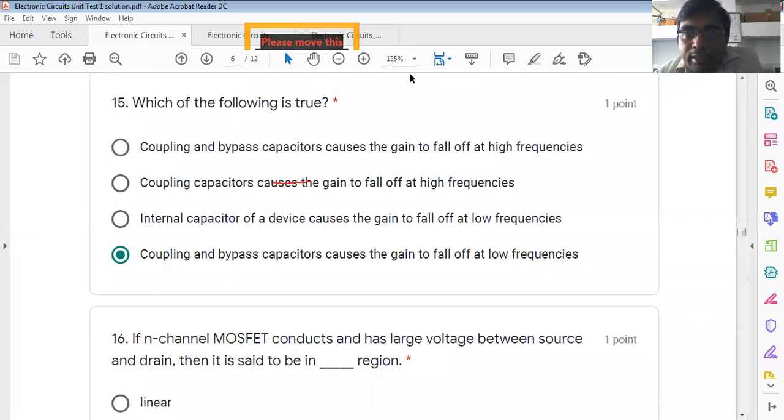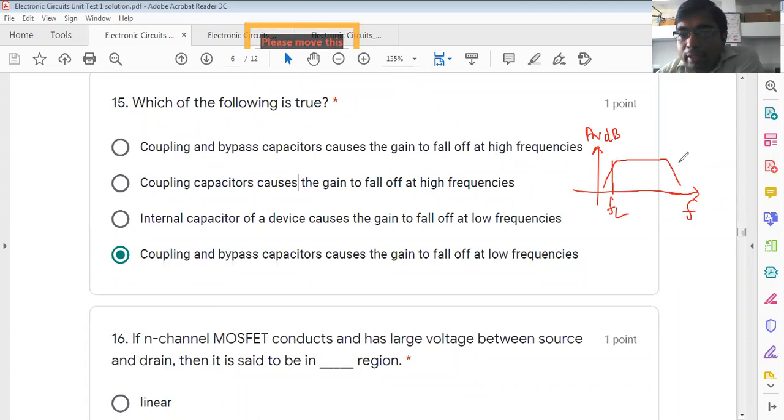If you remember, the frequency response is this kind of graph that we have plotted. On the x-axis the log frequency is there, and there is AB in decibel. This is the lower cutoff frequency FL, and this is the upper cutoff frequency FH.